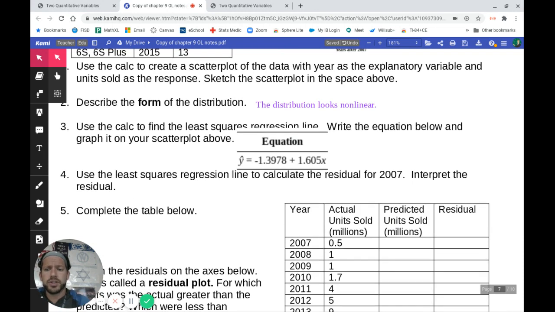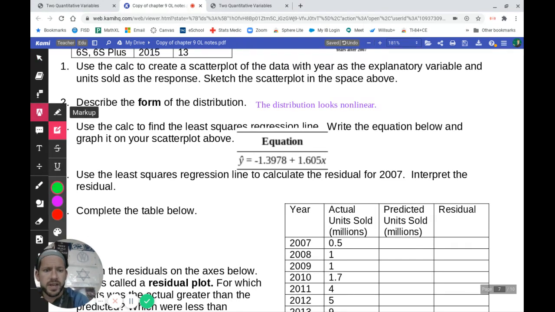All right, so we're going to use the least squares regression line to calculate the residual. There's a new keyword for today, that word residual, and we're going to interpret that residual. So basically what we are looking at here is we're going to figure out how far away from the actual number of units sold the equation predicts.